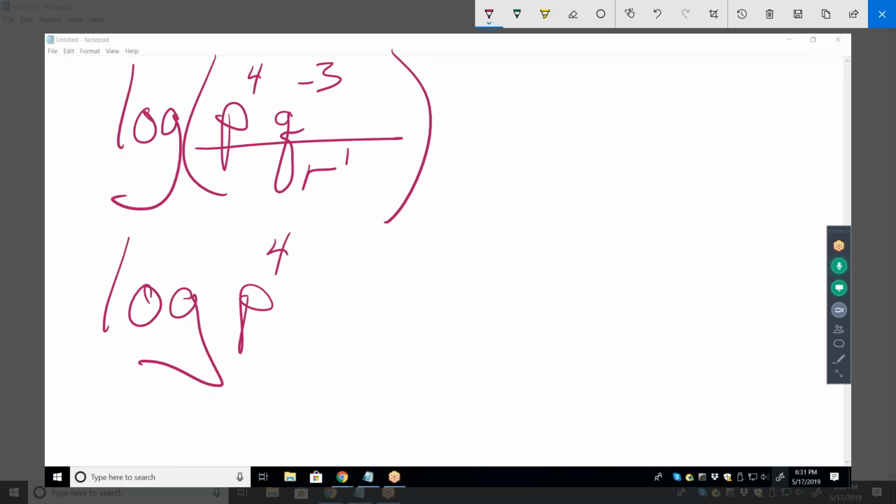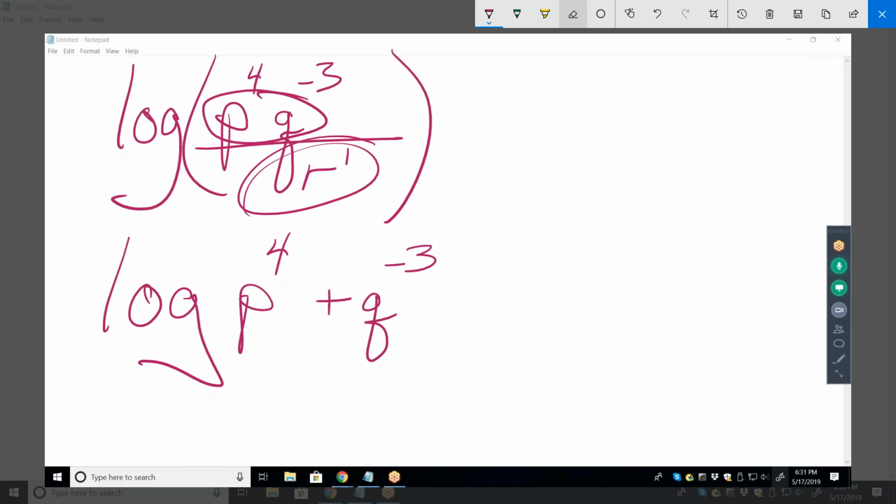What goes next? Yeah, because multiplication is happening. So it's log of q to the minus 3. And then finally, I got to take care of that r. So what am I going to do? Add or subtract?